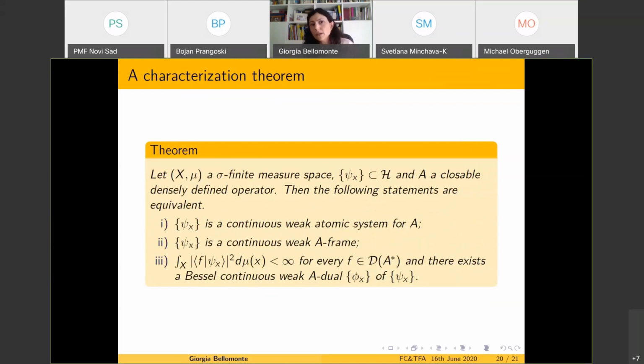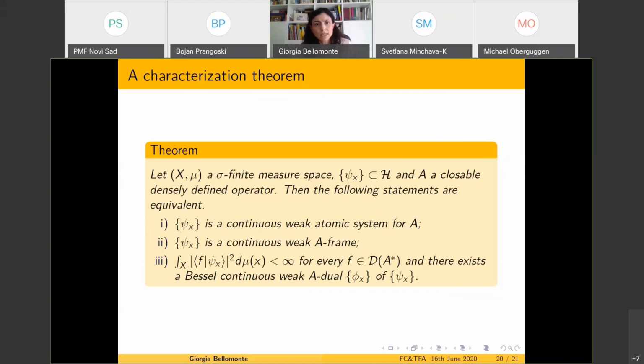Then Rosario Corso and I proved in the discrete case, and I proved also in the continuous case, a characterization theorem equivalent to that proved by Gabruta for a bounded operator.